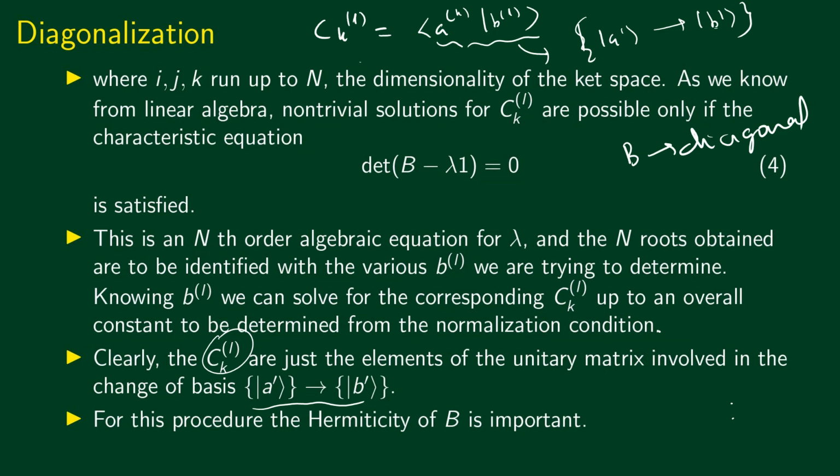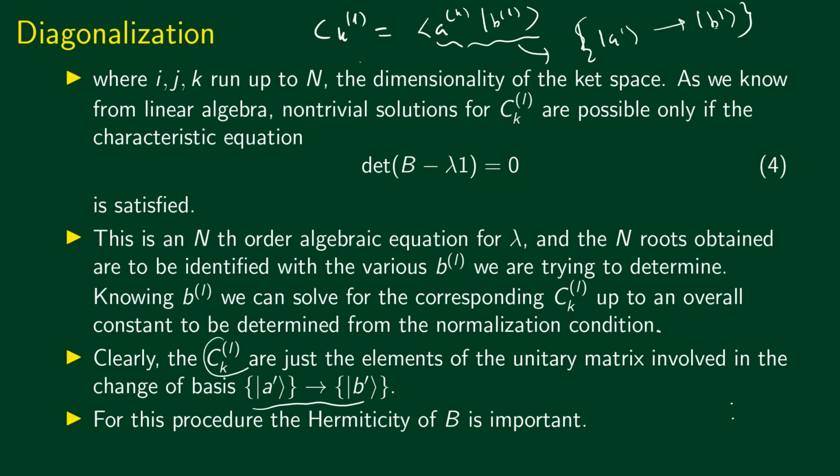The eigenvalues are just the diagonal elements. And the eigenkets? This actually means that the C_KL are the elements of each of the eigenkets, the matrix elements of, sorry, I think we should say it like this.